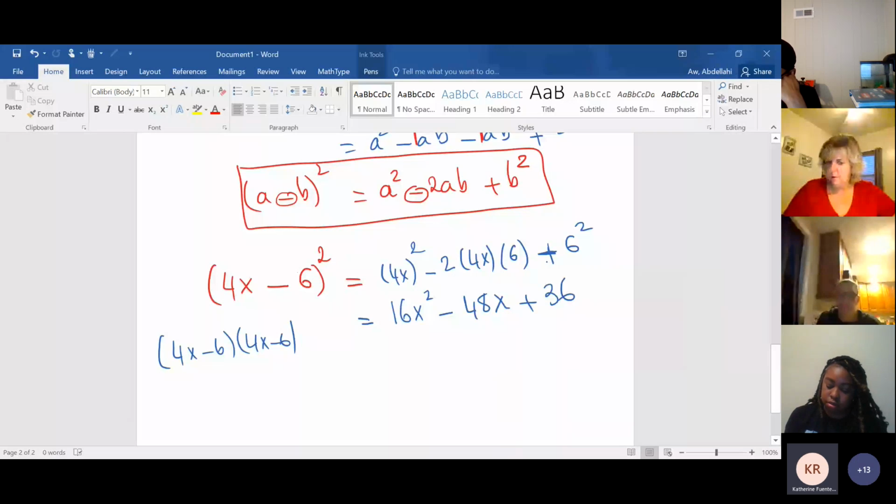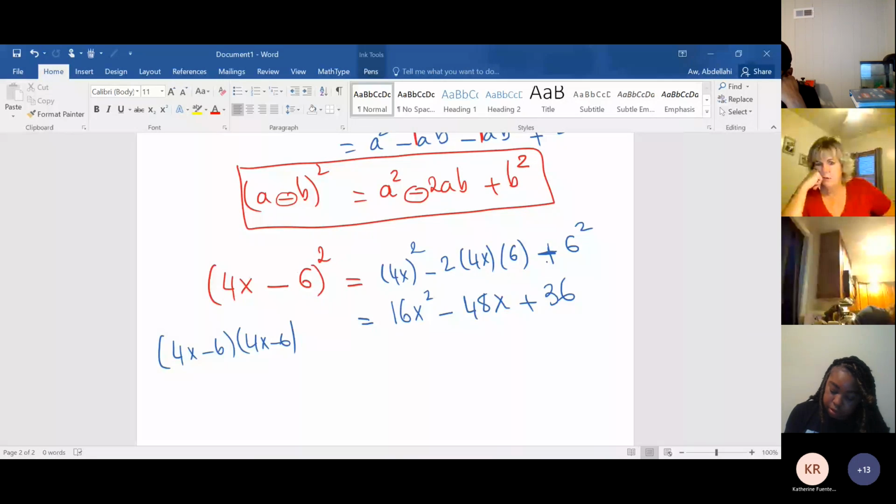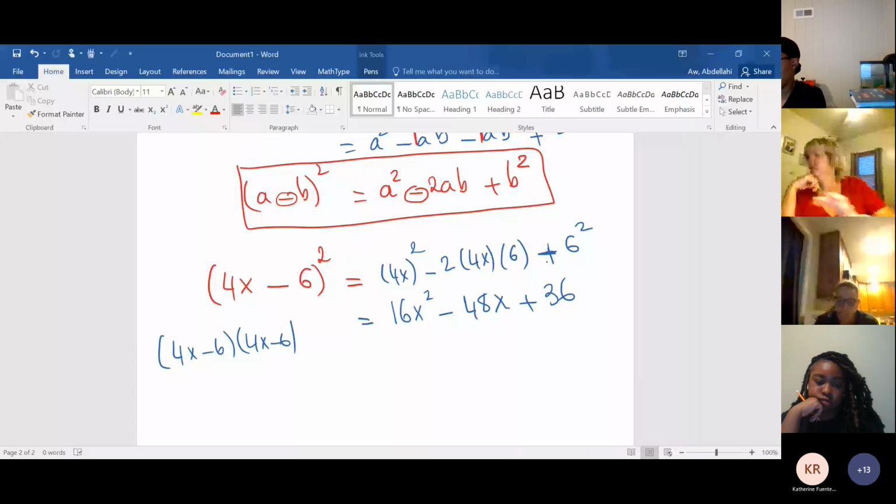36, okay? I just want you to touch these two formulas. While they are not absolutely necessary, because if I don't know the formula, I can always distribute, that would be the longer way.